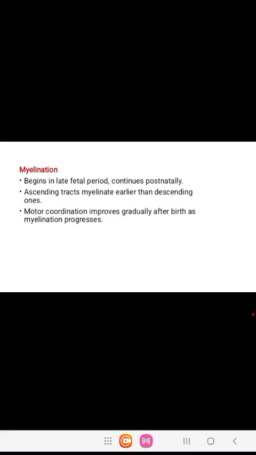Let's talk about the myelination. The myelination does not begin until the late fetal period, which eventually continues even after birth. So the ascending tract neurons tend to be myelinated earlier compared to the descending tract, and because of this, babies tend to have more reflexes.